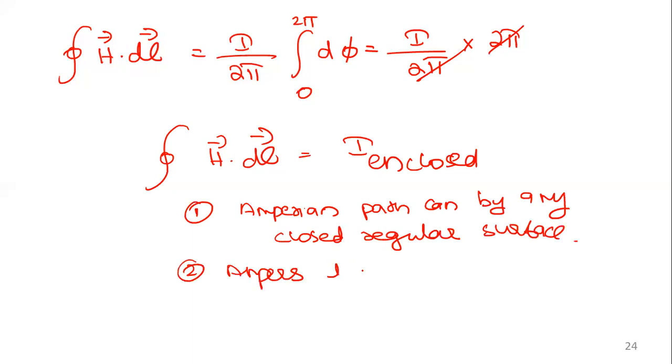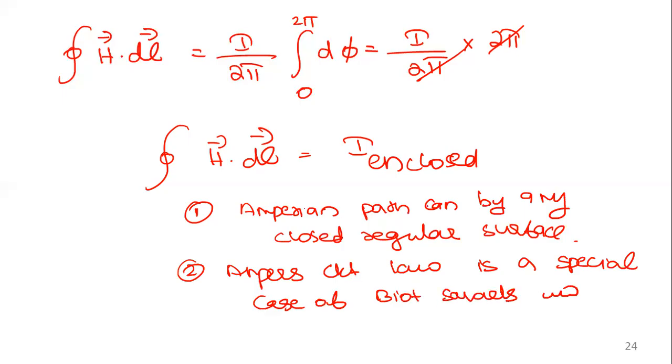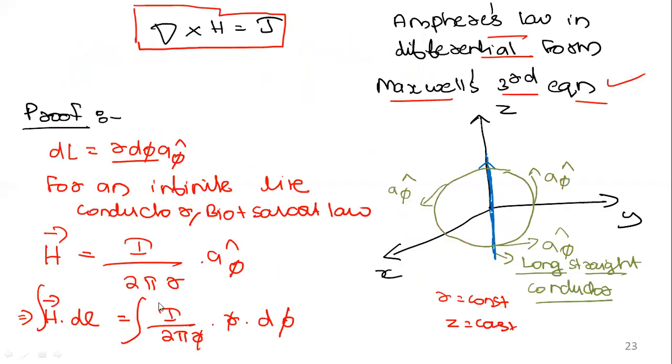And Ampere's circuital law is a special case of Biot-Savart's law, where the integral of H dot dl is considered I enclosed, and we proved that. It's a special case because we use the Biot-Savart's law result for an infinite conductor, and we proved that in that case the integral of the magnetic field intensity H dot dl over a closed path becomes equal to I enclosed. That's what Ampere's circuital law is about.